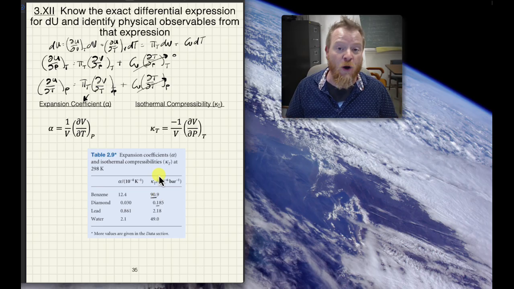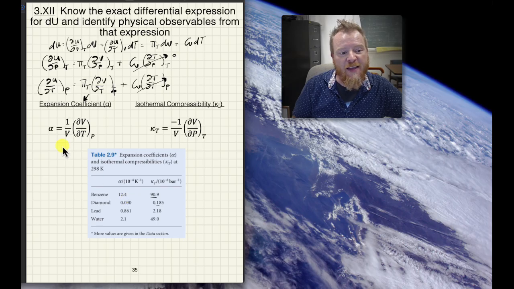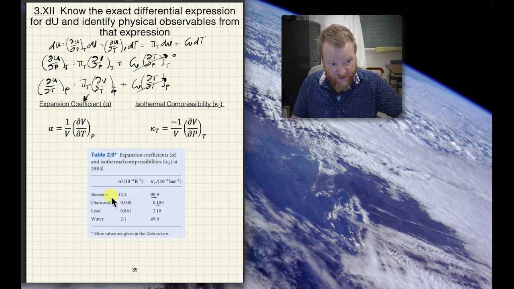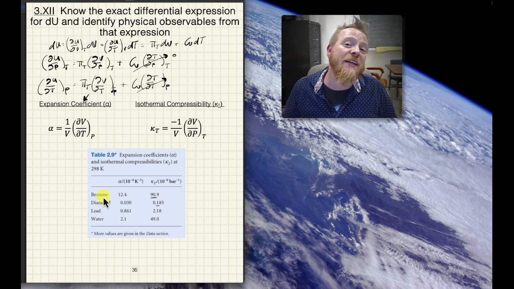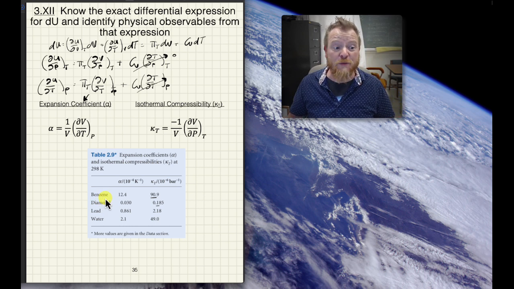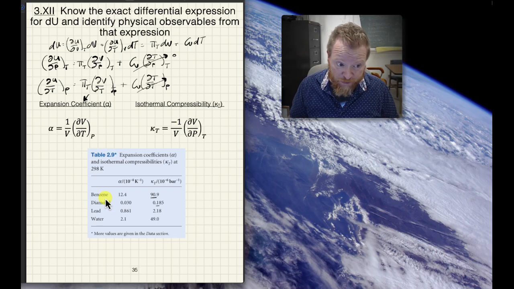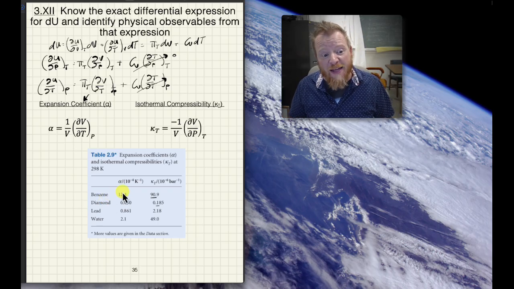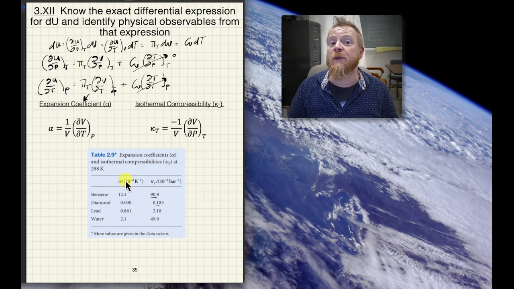It will change volume enormously with changes in pressure. Similarly, you can see the alpha constant for benzene is also large compared to those in this list. And what that means is the volume of a sample of benzene is quite responsive to changes in temperature. So a sample of benzene will expand enormously when subjected to great changes in temperature.